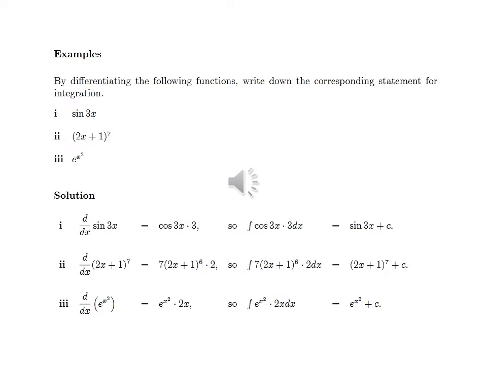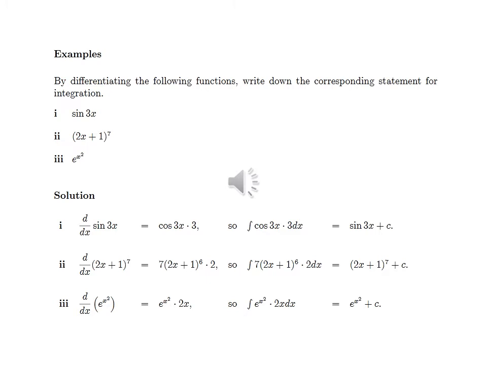Solution. d by dx of sine 3x equals cosine 3x multiplied by 3, so the integral of cosine 3x times 3 dx equals sine 3x plus c. d by dx of (2x plus 1) to the power 7 equals 7 times (2x plus 1) to the power 6 times 2, so the integral of 7 (2x plus 1) to the power 6 times 2 dx equals (2x plus 1) to the power 7 plus c. d by dx of e to the power x squared equals e to the power x squared multiplied by 2x, so the integral of e to the power x squared times 2x dx equals e to the power x squared plus c.